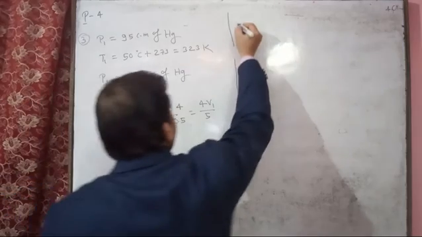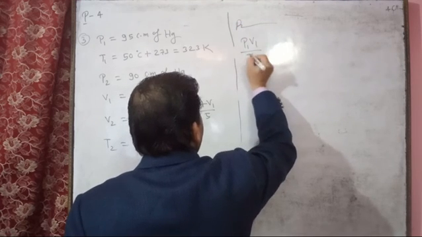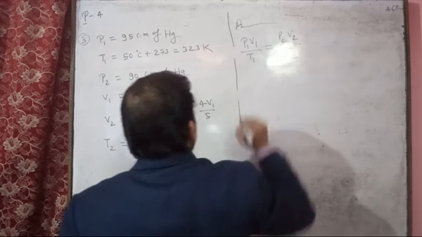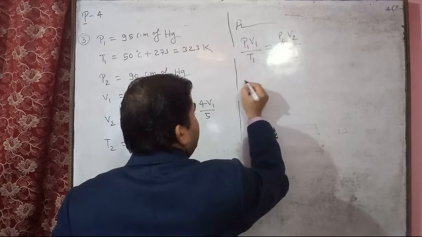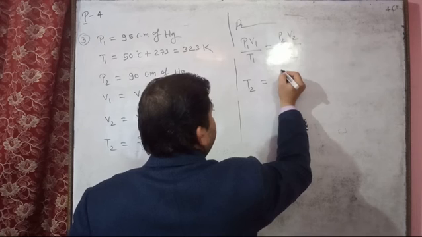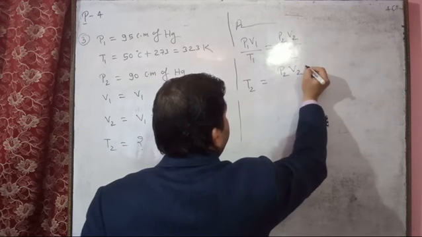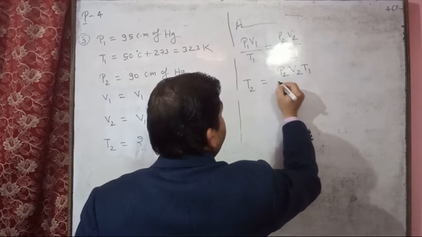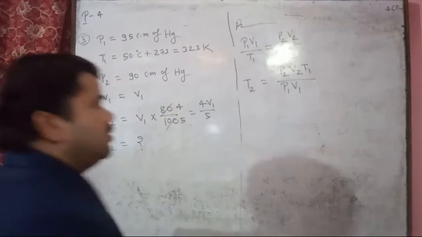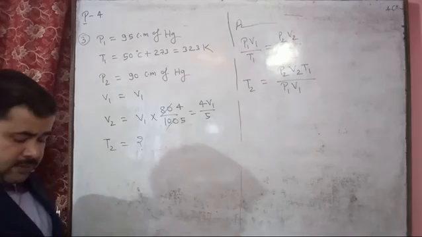By applying the gas equation P1 V1 upon T1 equal to P2 V2 upon T2, and cross multiplying, we can write T2 equal to P2 V2 T1 upon P1 V1. In this formula we put the values, then we get the answer.